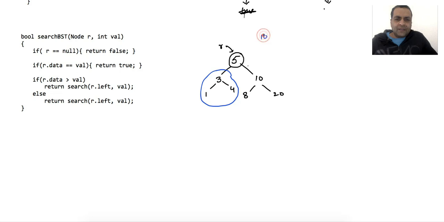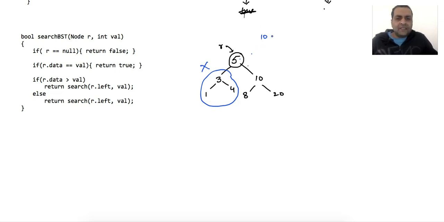So if we are searching for 10 and 10 is greater than 5, it means that without visiting the left subtree, we can discard the presence of the value in the left subtree. So 10 cannot be present in the left subtree without even visiting it, right?